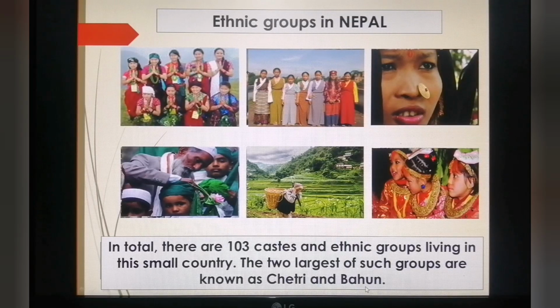This is the picture of Tharu caste, Damai, Magar, Muslim, Chetri and Bahun. Chetri and Bahun are the two largest groups living in Nepal.